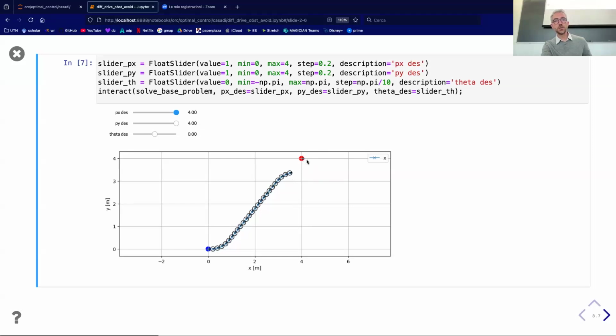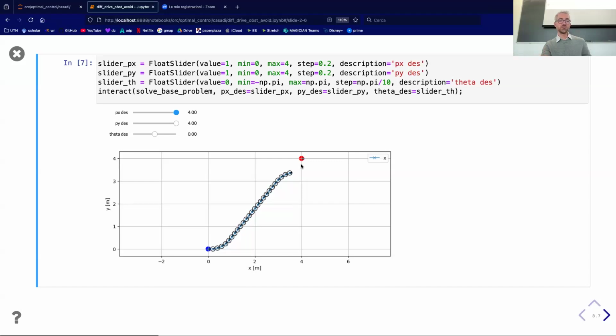The red circle represents the desired state of the robot, whereas these black circles represent the computed trajectory, and the blue represents the initial state. We can't get there. The reason we cannot get there is that we have reached the limit of the control inputs.